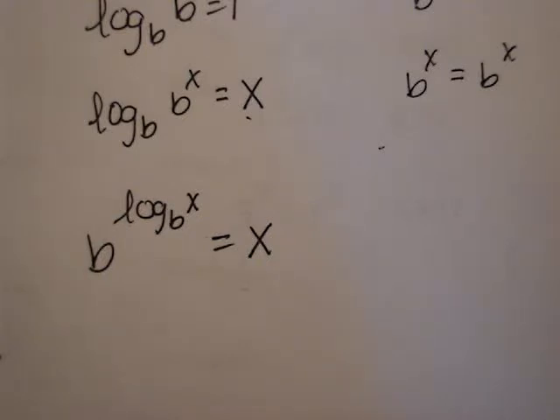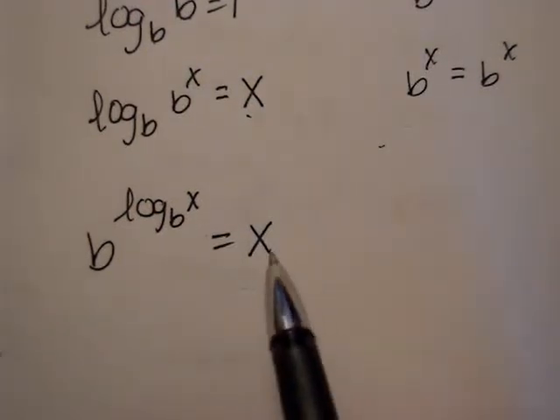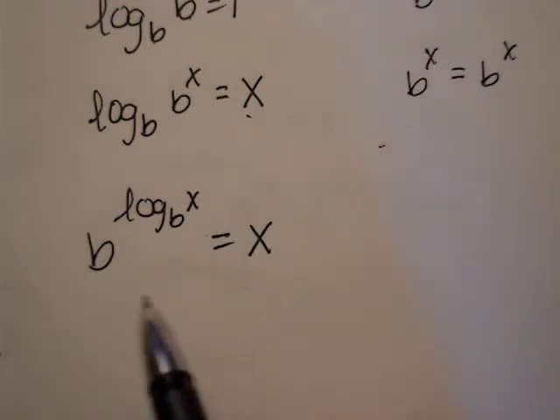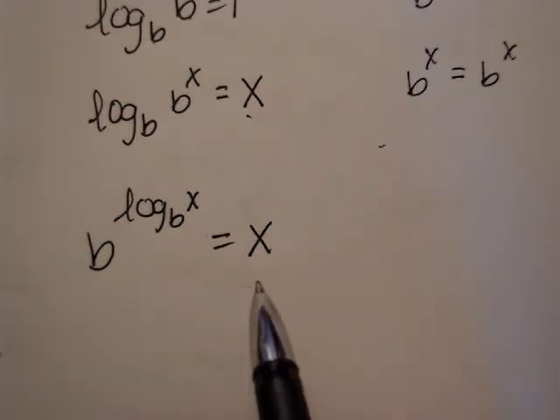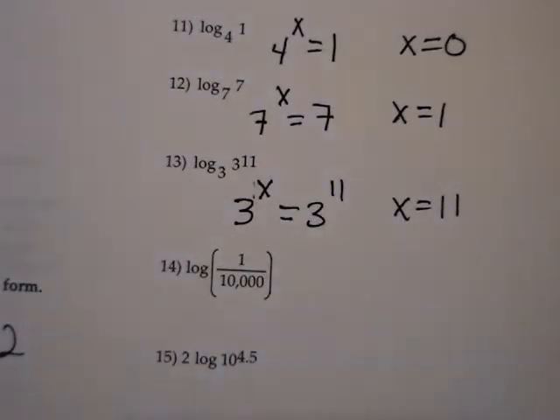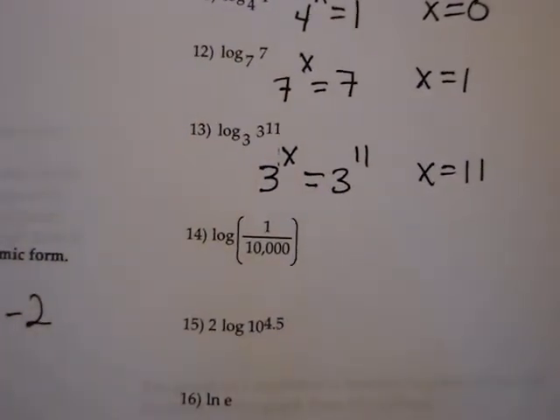But I put a log into an exponent, and they have the same base, and they undo each other. It's like taking a cube root and cubing it. So if they undo each other, I'm just left with x. And you can think about this and confuse yourself all kinds of ways, but just memorize it at this point and use it. Okay? So that brings us back to number 14.